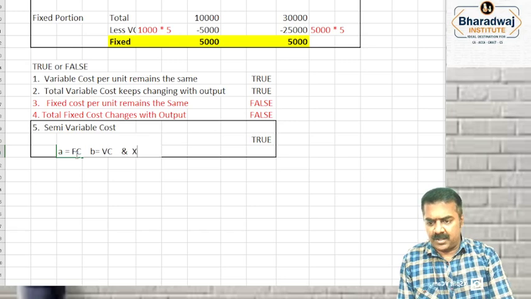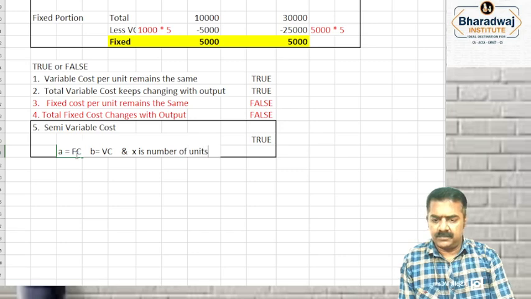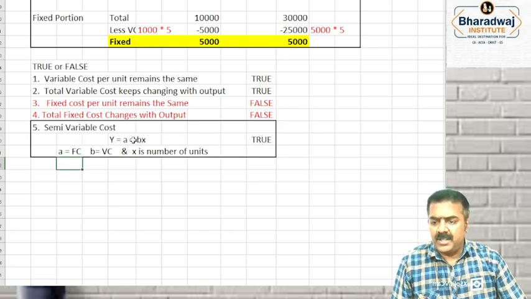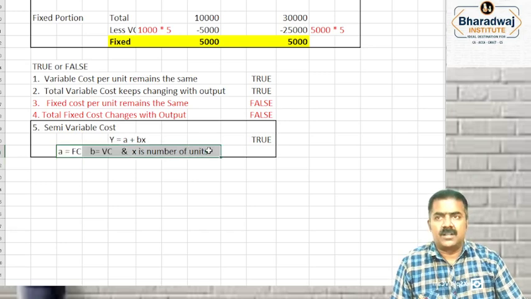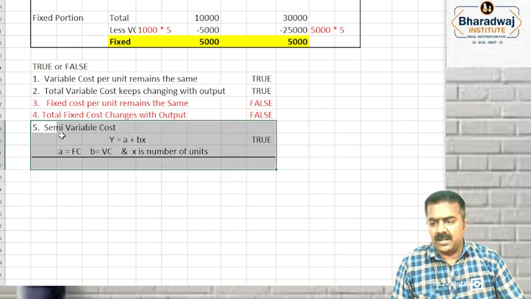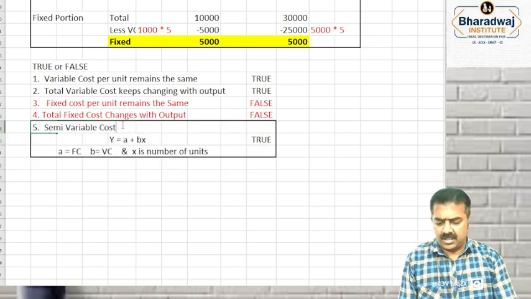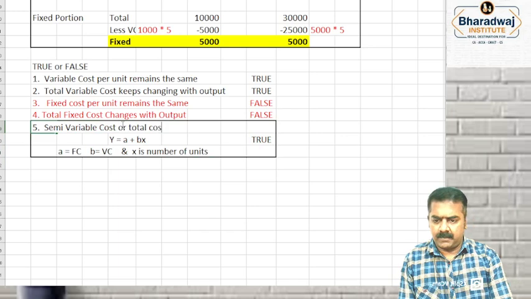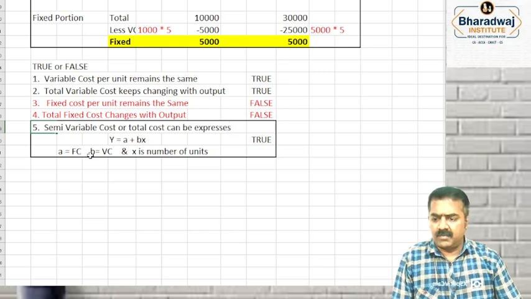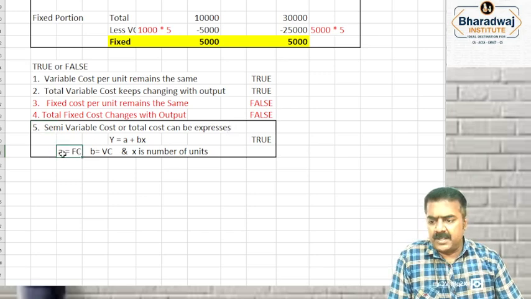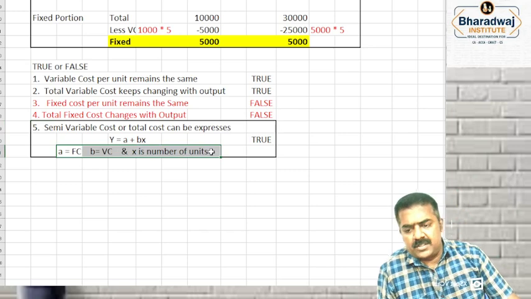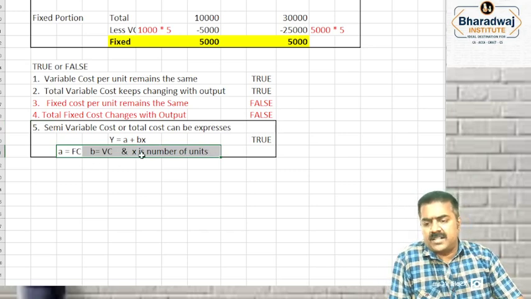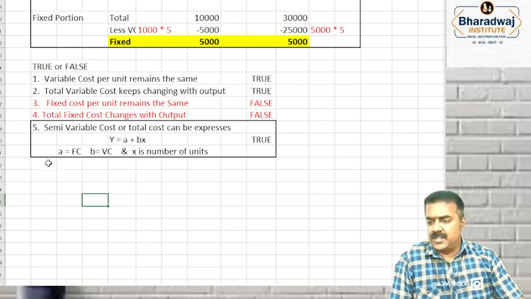And x is output. So bx changes, but a remains constant. So semi-variable cost or total cost can be expressed where y is equal to a plus bx. A is equal to fixed cost, b is equal to variable cost per unit, and x is nothing but number of units manufactured.